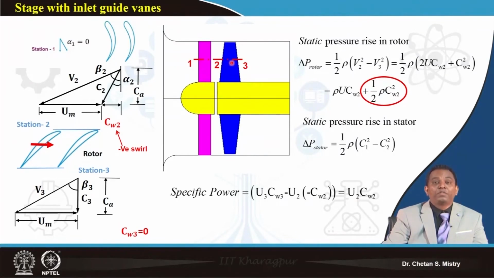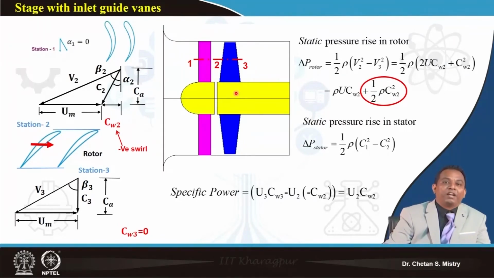Many times, in order to modulate the mass flow rate entering the rotor, that also is done using these inlet guide vanes. Rather, you can understand, if I use a variable pitch configuration for the rotor during rotation, it will be a little tricky and challenging in the sense of mechanical design.